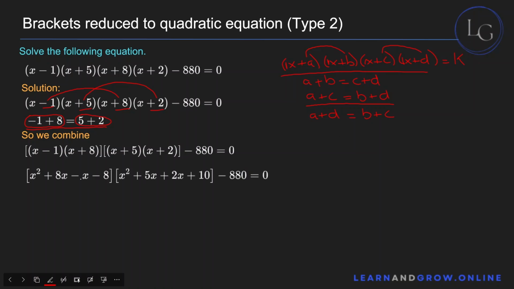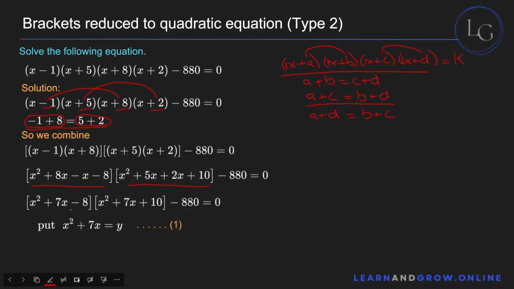Now, after expanding these two brackets, you get these two quadratic expressions. And now you'll put x squared plus 7x is equal to y, as x squared plus 7x is common in both brackets. So this now becomes y minus 8 multiplied by y plus 10, and this constant remains as it is, minus 880.